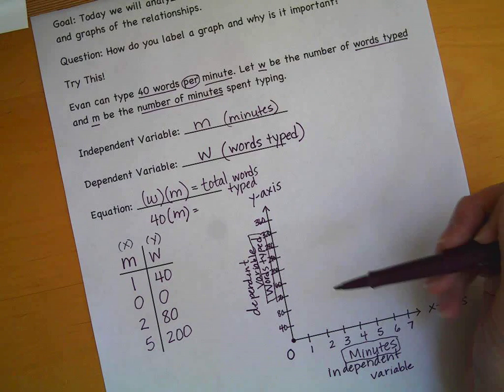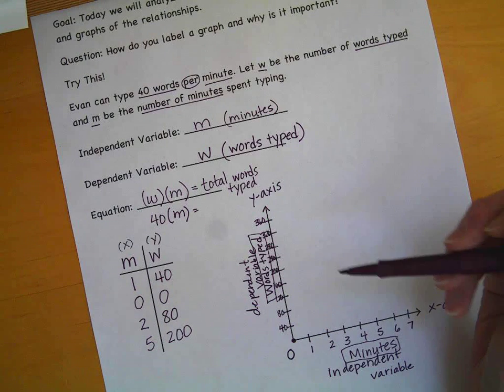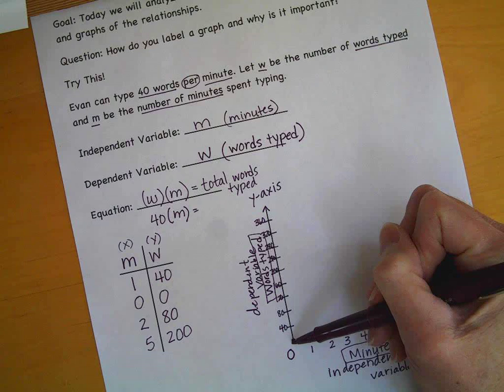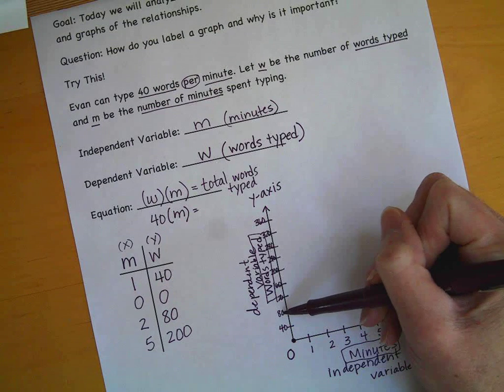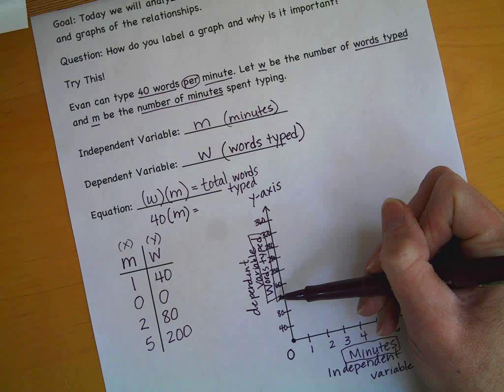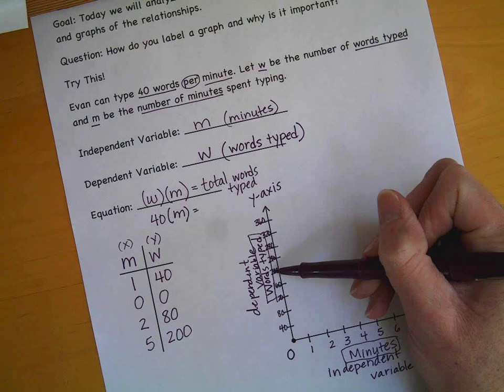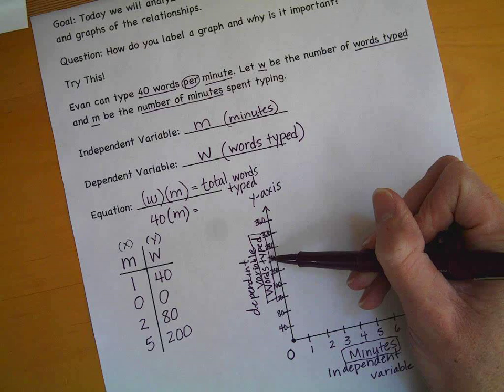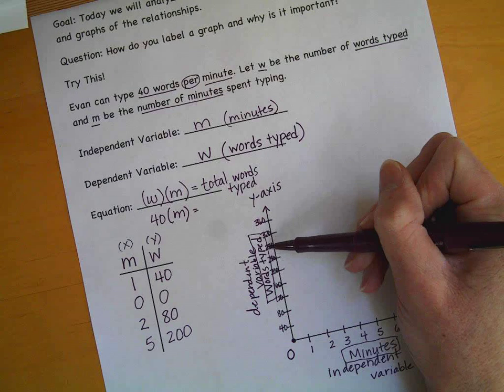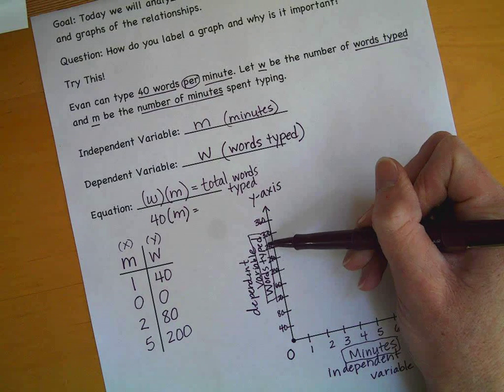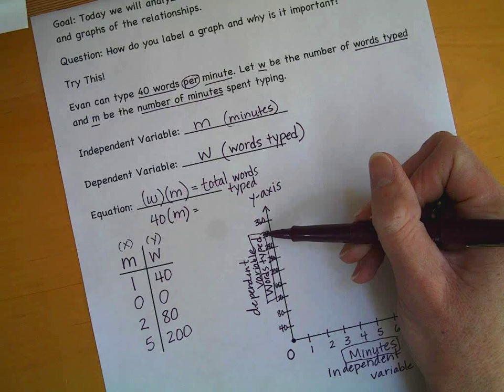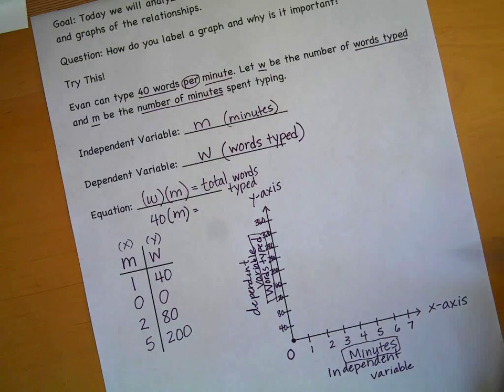So interval means that the value in between each set of numbers is exactly the same. So from 0 to 40 is 40, from 40 to 80 is 40, from 80 to 120 is 40, from 120 to 160 is 40, from 160 to 200 is 40, from 200 to 240 is 40, from 240 to 280 is 40, from 280 to 320 is 40, and from 320 to 360 is 40.